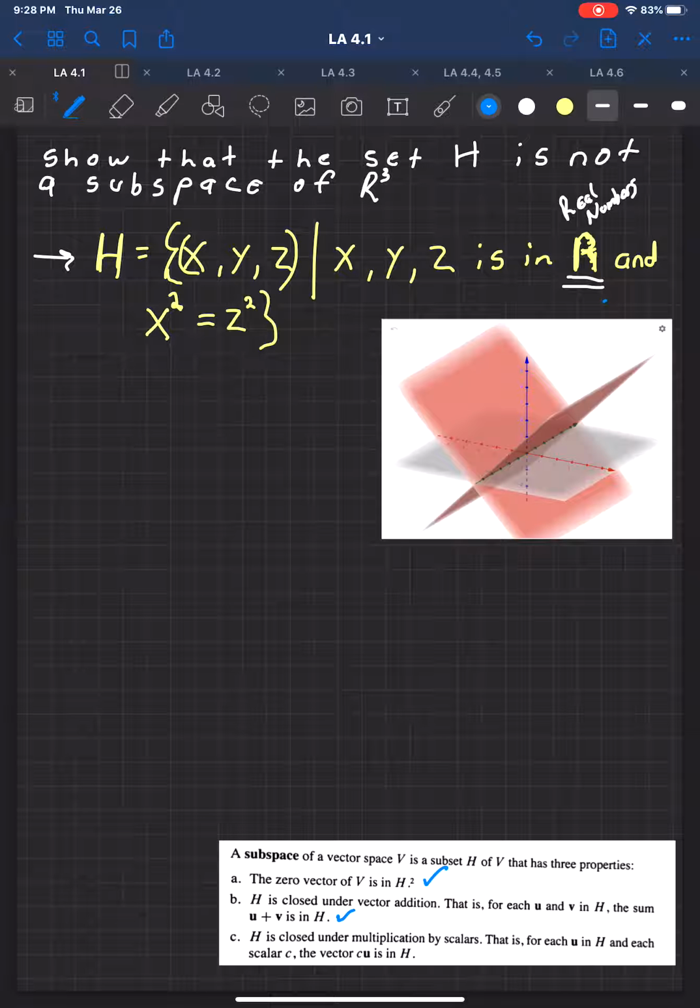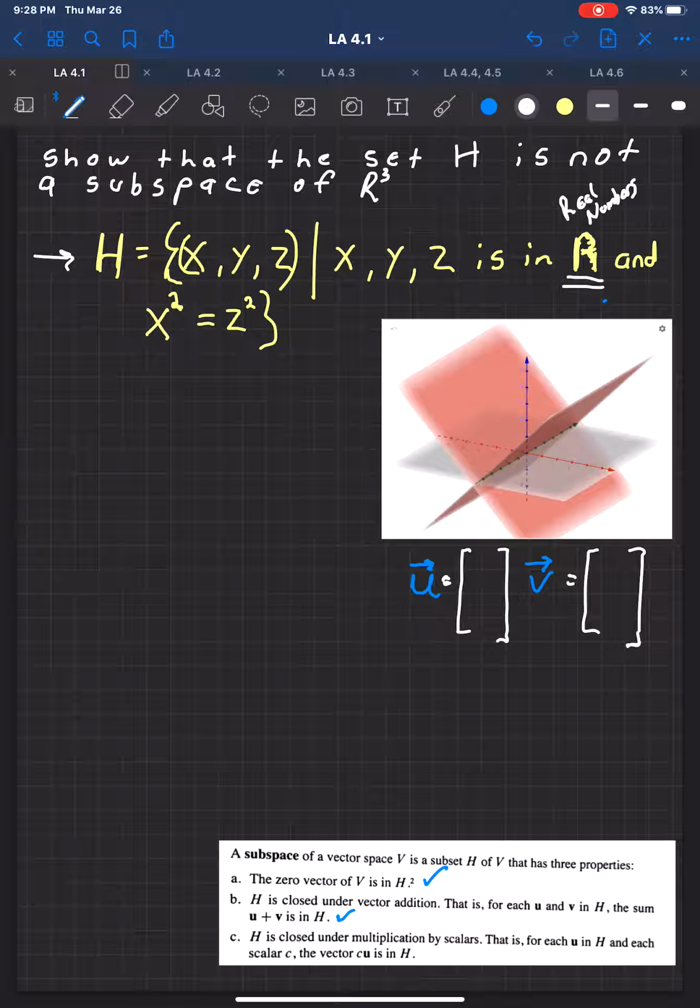In order to say H is closed under vector addition, the game is we have to choose a vector U, and we have to choose a vector V. It's up to you what you want to choose, but U has to be in this shaded region. It has to be in H. And V also has to be in H.